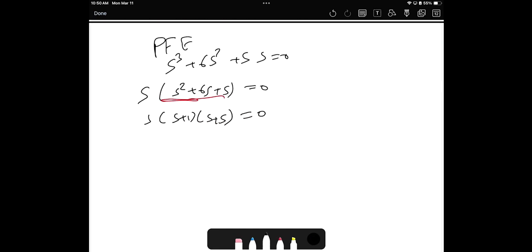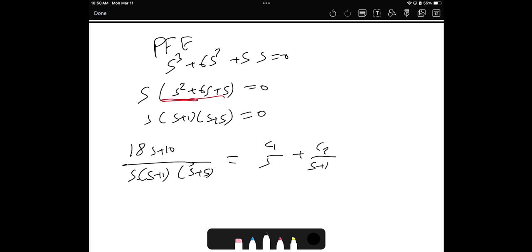As a result, I can write 18s plus 10 over s cubed plus 6s squared plus 5s with the roots, over s times s plus 1 times s plus 5, equal to c1 over s plus c2 over s plus 1 plus c3 over s plus 5. Then we need to find the c's, then do the Laplace inverse.